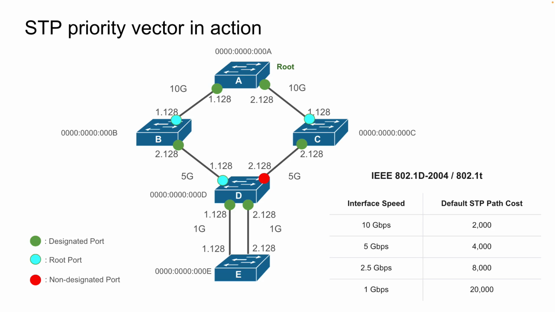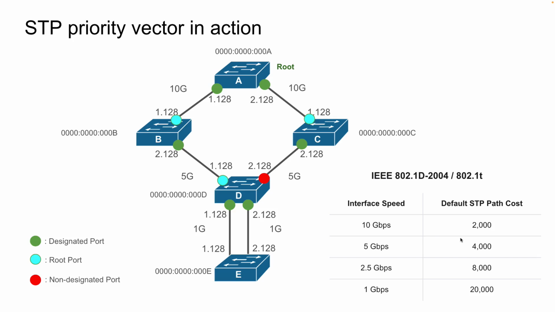Okay, here it happens to be the right interface, towards switch C, that is blocked. Why? Well, because the root path cost towards switch D is the same both from switch B as well as from switch C, right?